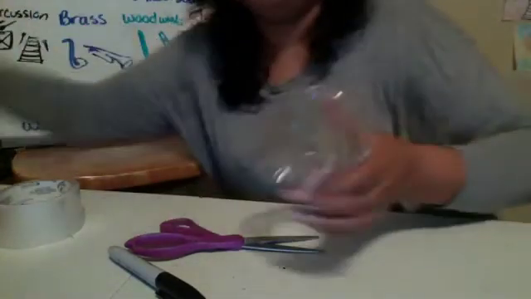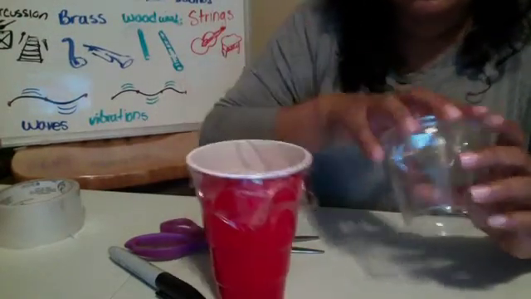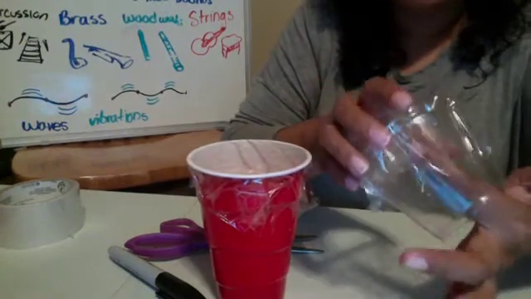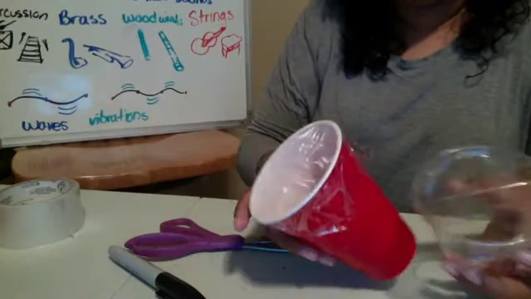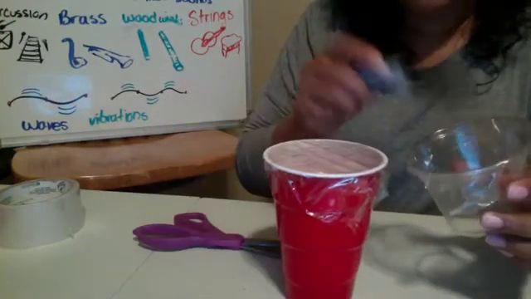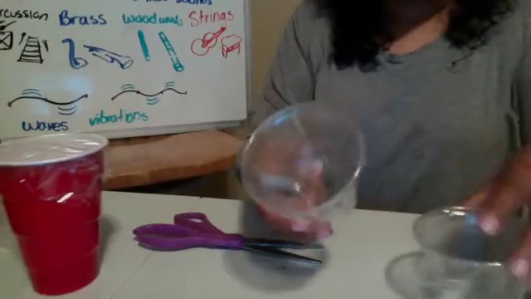So let me show you what it would look like. So I cut the bottom part, you see, on both of them. There's nothing. I cut it in. And let me show you the difference that it makes, okay? And let me show you the one that is not cut.